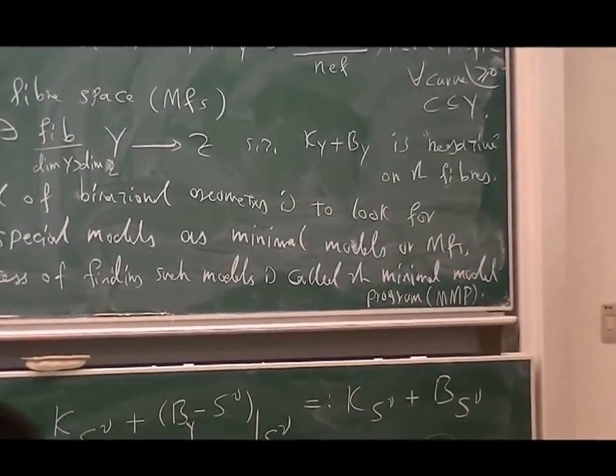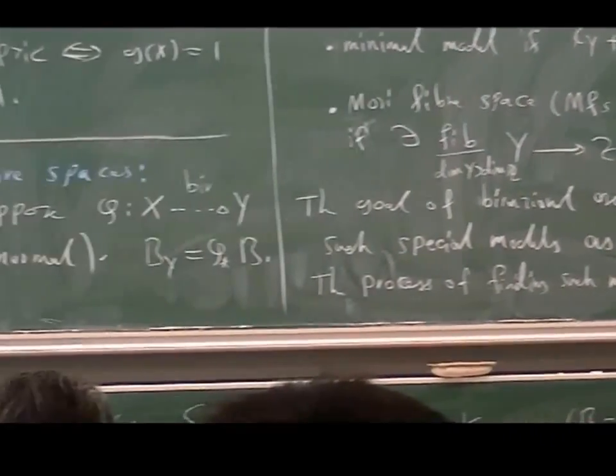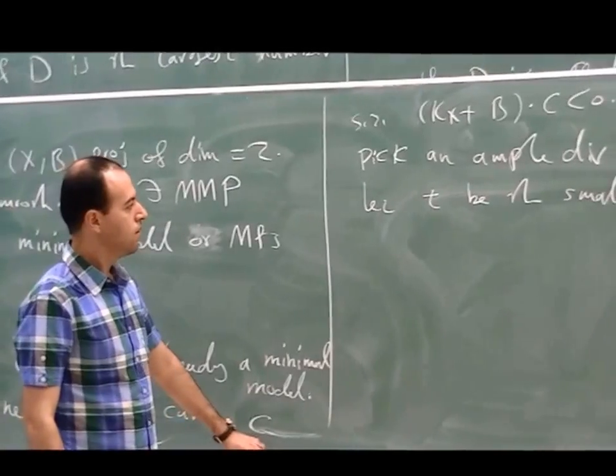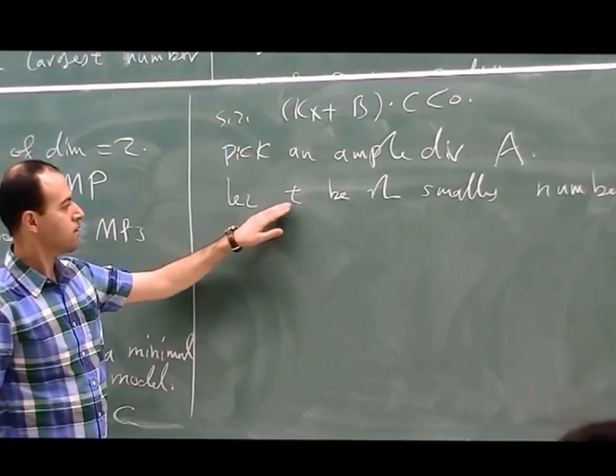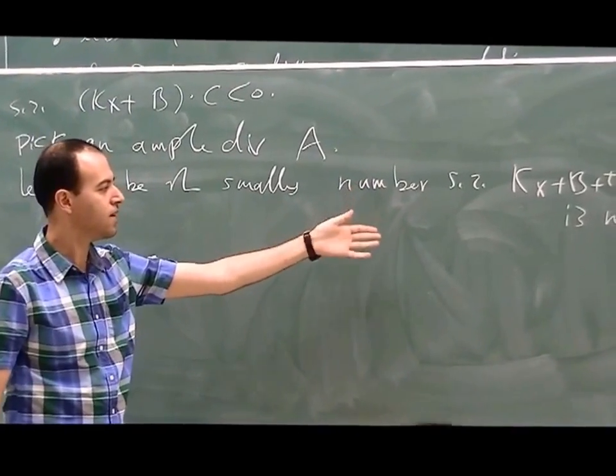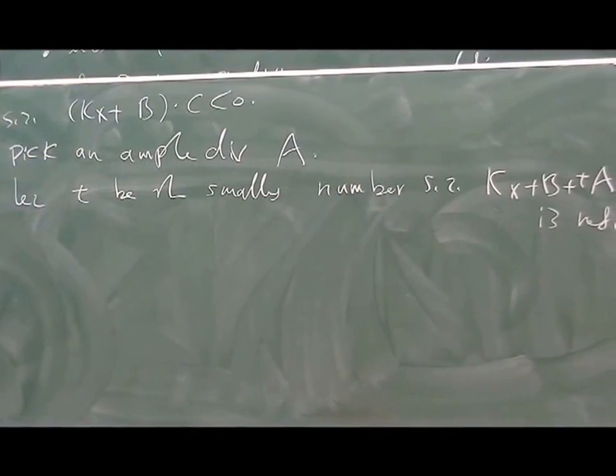So nef is not a strict kind of positivity, it's like semi-positivity. Okay, so I take this t, I add the smallest possible multiple of A to get the nef divisor.